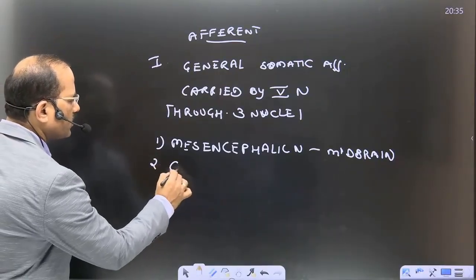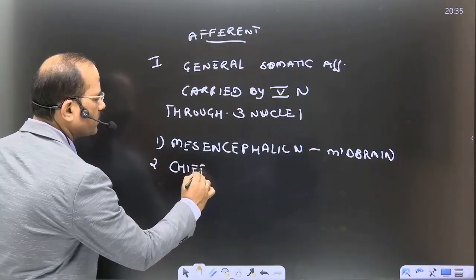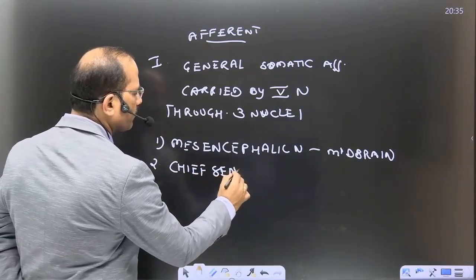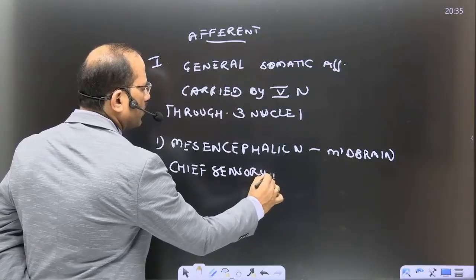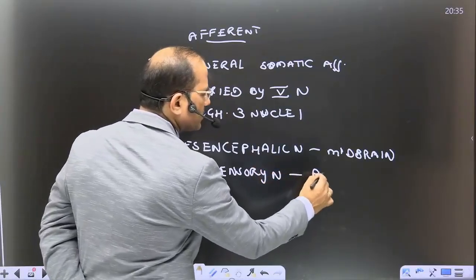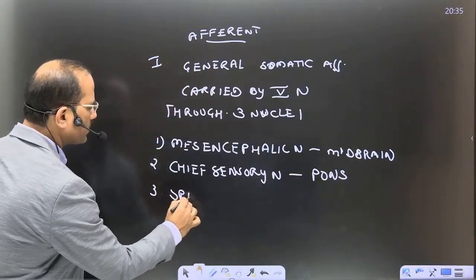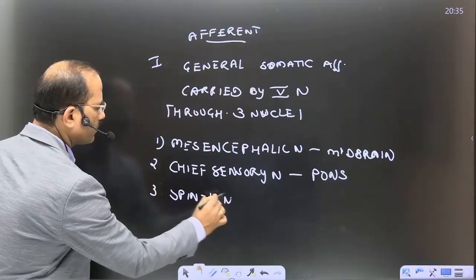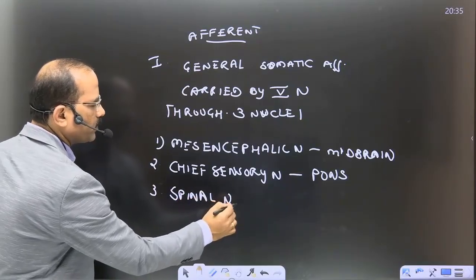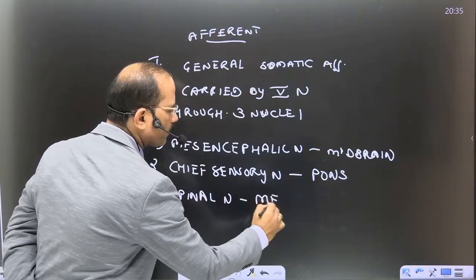Second is the chief sensory nucleus of the trigeminal nerve, that's in the pons. And the third is the spinal nucleus, that's in the medulla.